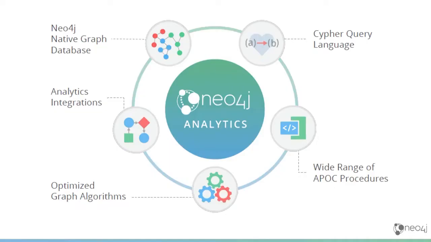Now, why Neo4j for analytics? This stuff is all evolving, but right now what we have here is the Neo4j native graph database. You're storing your data in nodes and relationships. Think of a relationship-first paradigm here. If you go down the left-hand side, we already have integrations with a variety of different analytical tools.